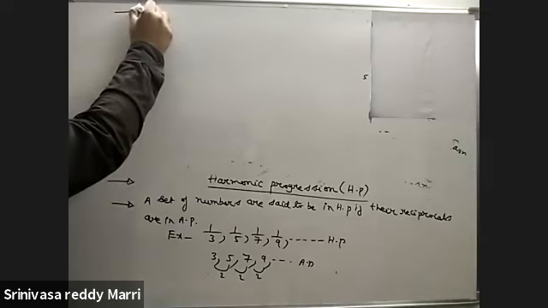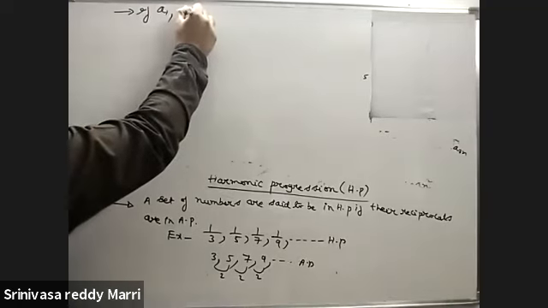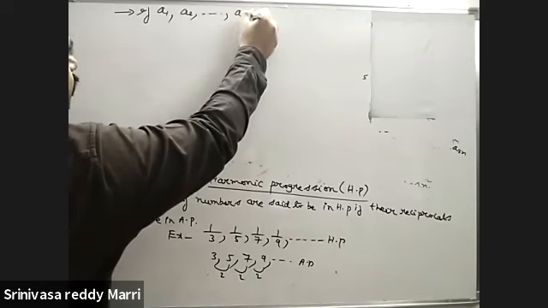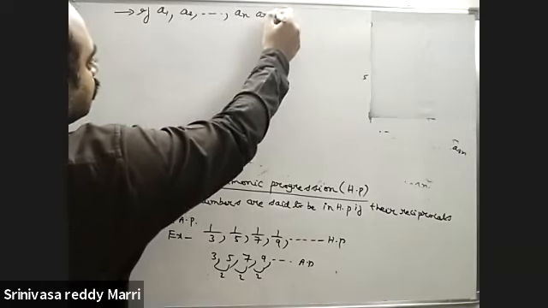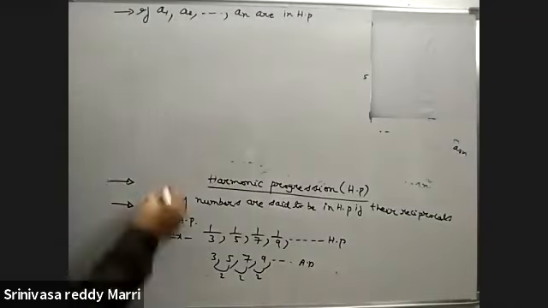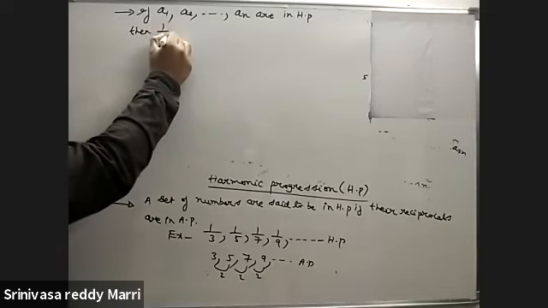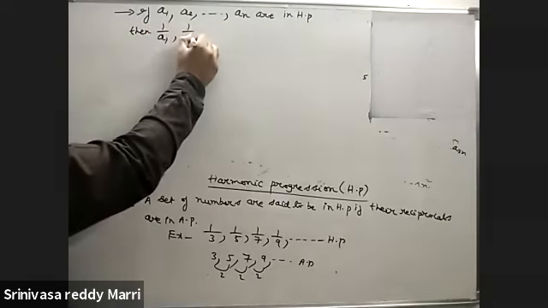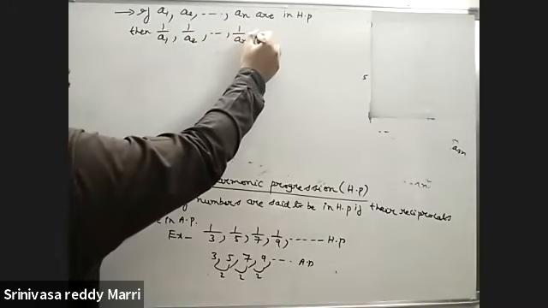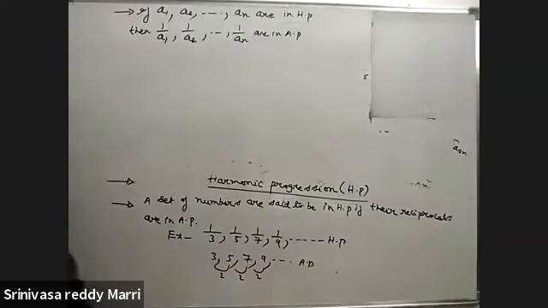That means if A1, A2, and so on, AN are in HP, then 1/A1, 1/A2, and so on, 1/AN are in AP. Simple.